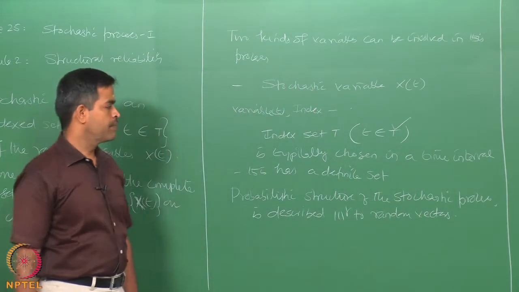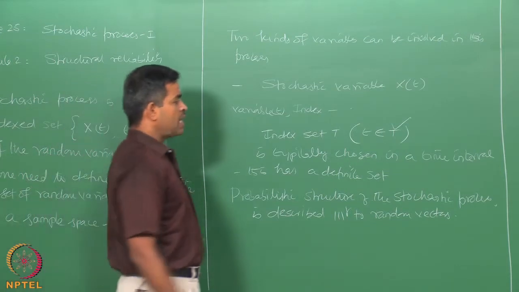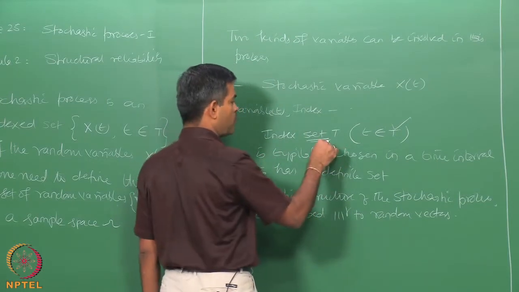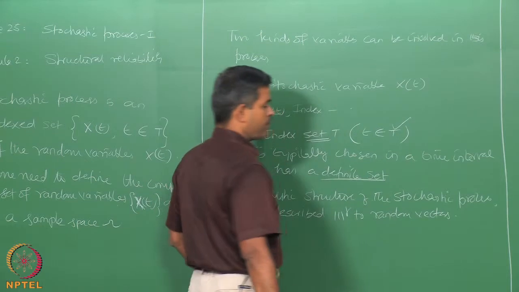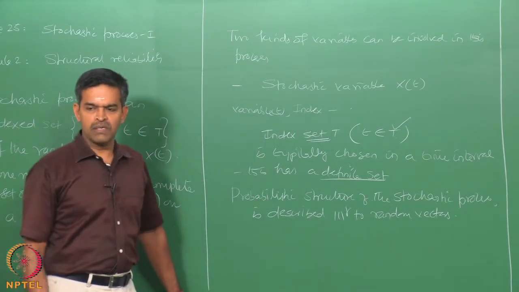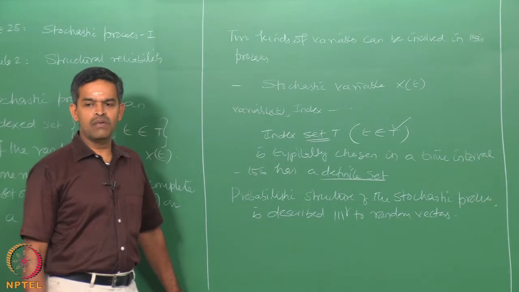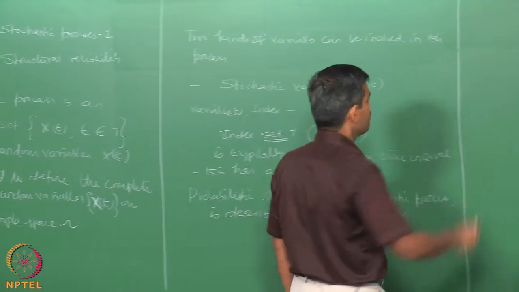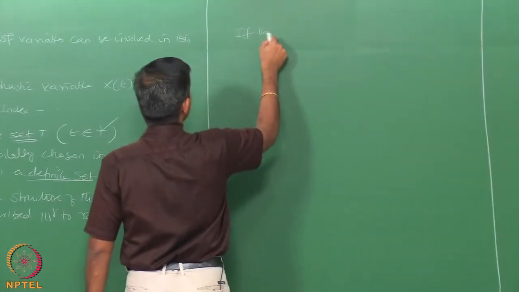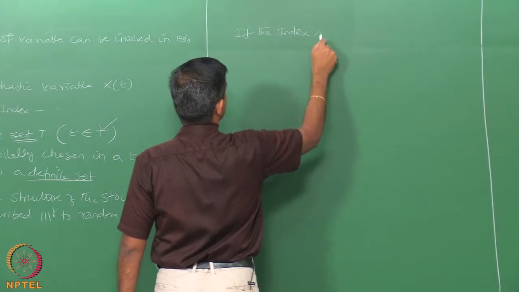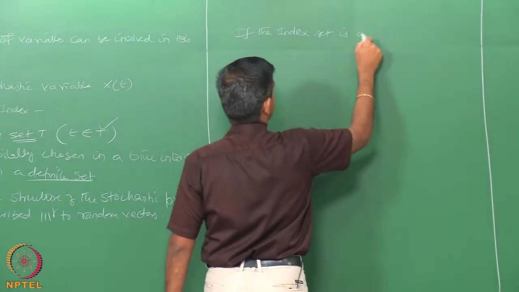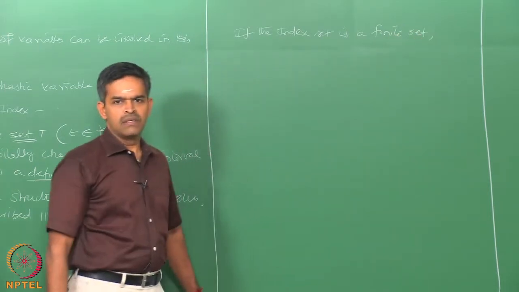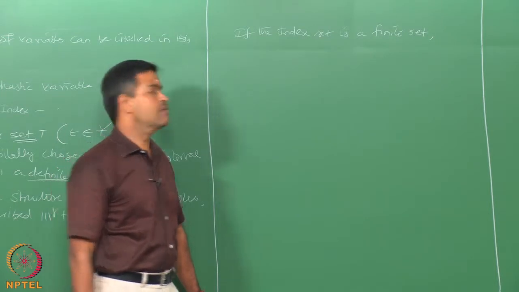This is due to the reason that they assume any value within a given index set T, and of course, the assumed value or the set is a definite set. Therefore, the stochastic process description is similar to that of a random variable from a probabilistic point of view. Now, if the index set is a finite set, then the stochastic process forms a random vector.